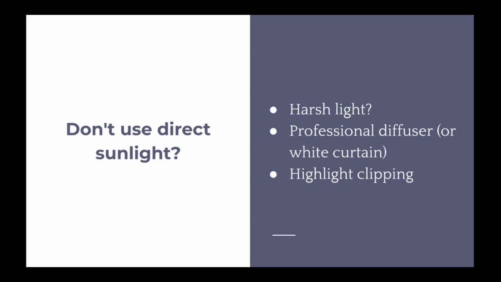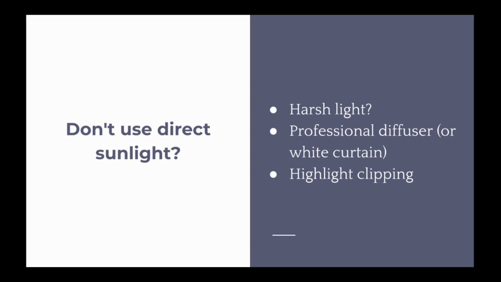What you can also do, if you really have harsh and direct sunlight, is use a professional diffuser or a white curtain or a white bed sheet. Just put it on top of the window. Especially if you're somewhere in the south where there's a lot of light, this is super important.